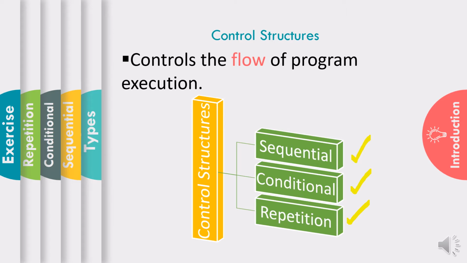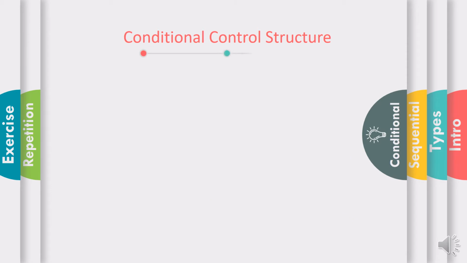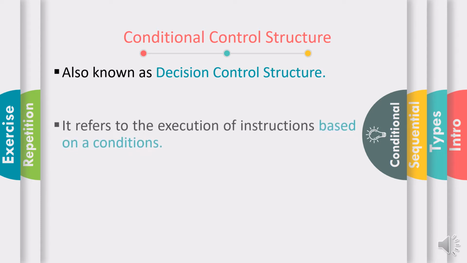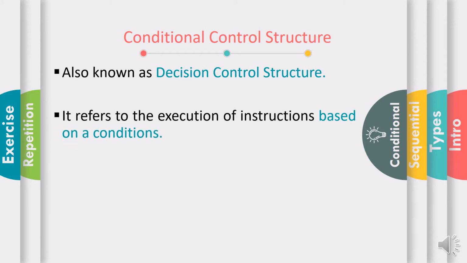On the basis of some particular condition, we decide which statements are to be executed. Conditional control structures are also known as decision control structures. We also call them selection control structures. They are known as decision control structures because they are based on some type of conditions.